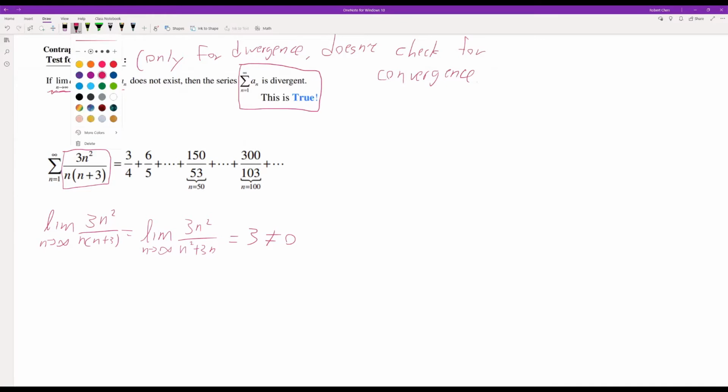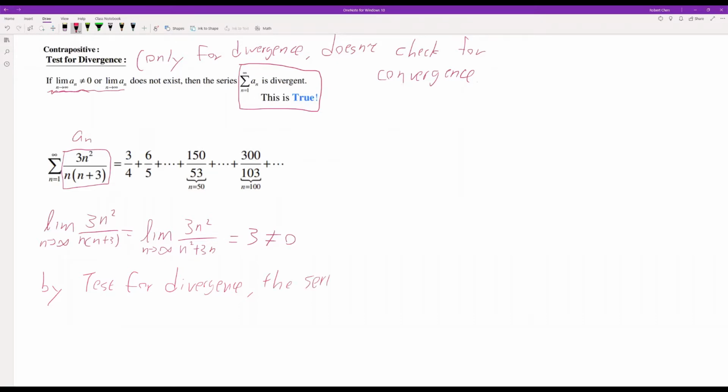Now that we have shown that it's not equal to 0, we can say that by the test for divergence, the series diverges. Okay, that's what the test for divergence does. If when you take the limit of an it is not equal to 0, then we can say that the series is going to diverge.